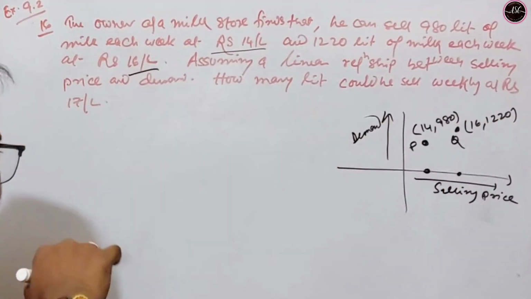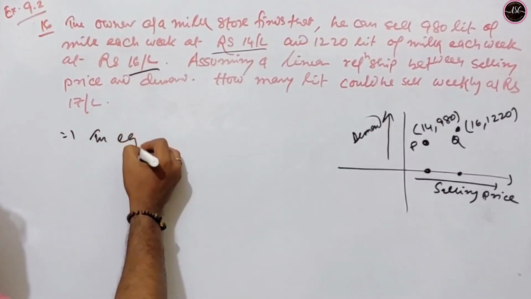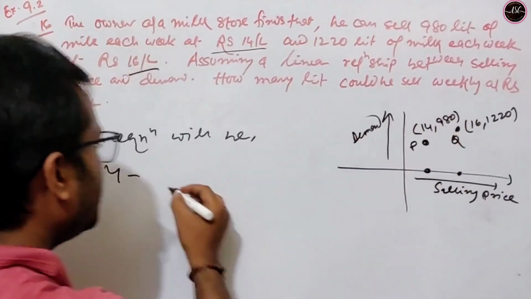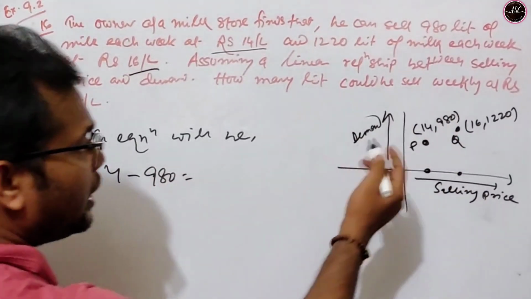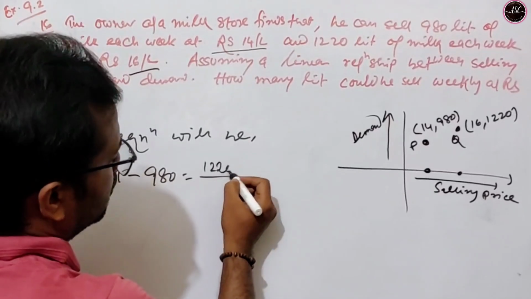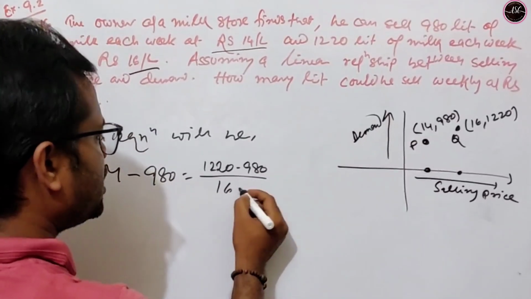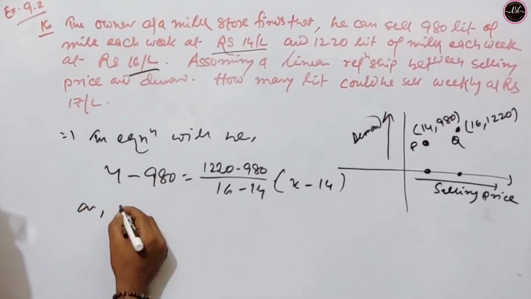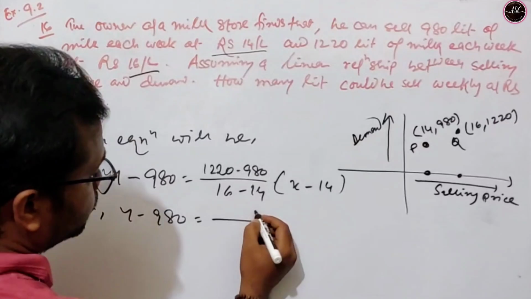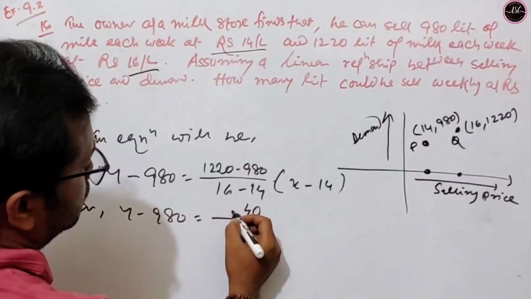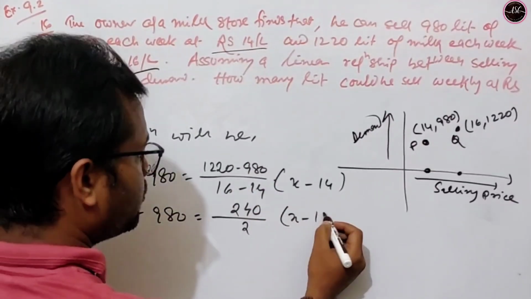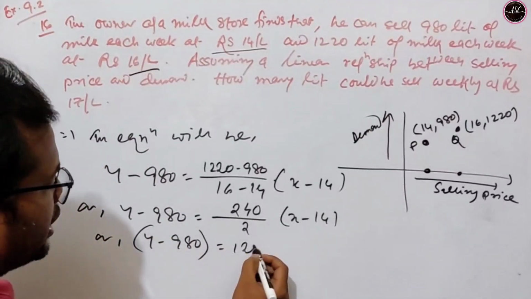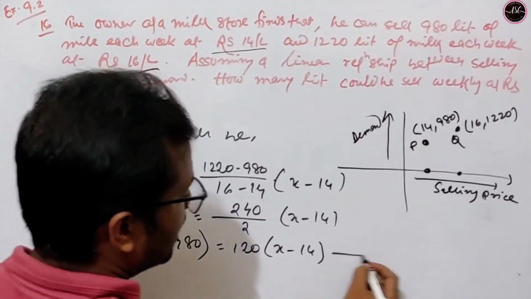So the linear equation will be y minus y1, here 980, equal to m, where m equal to y2 minus y1 divided by x2 minus x1, that means 16 minus 14, into x minus x1, that means 14. Or y minus 980 equal to 240 divided by 2 into x minus 14, or y minus 980 equal to 120 into x minus 14. This is a linear equation.